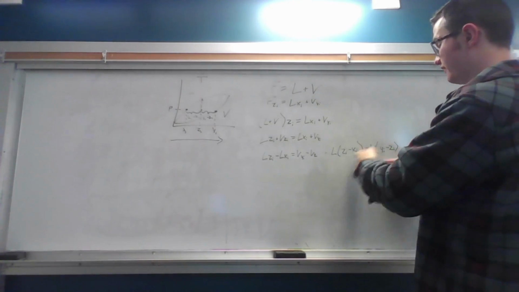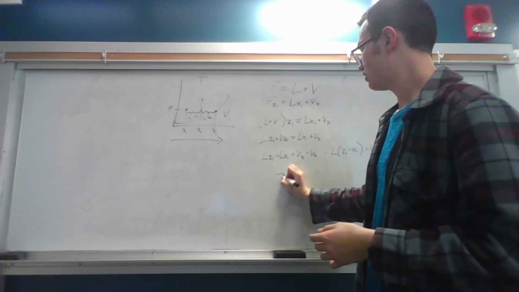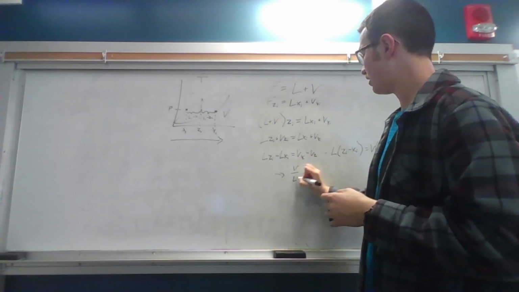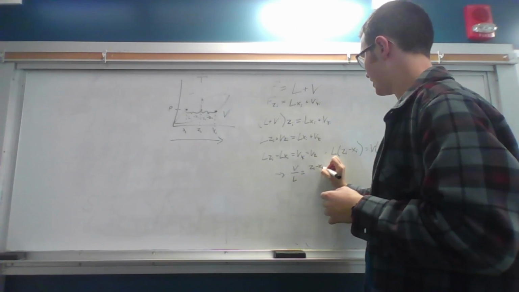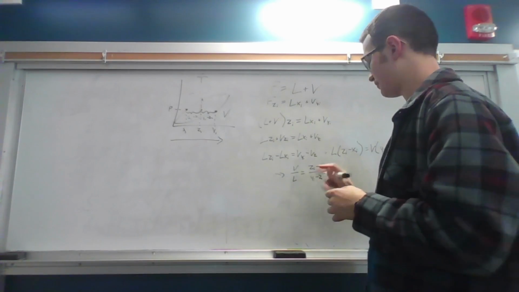Now we're just going to divide the two, and then I'll explain why it matters. So finally, V over L is equal to (Zi minus Xi) divided by (Yi minus Zi).